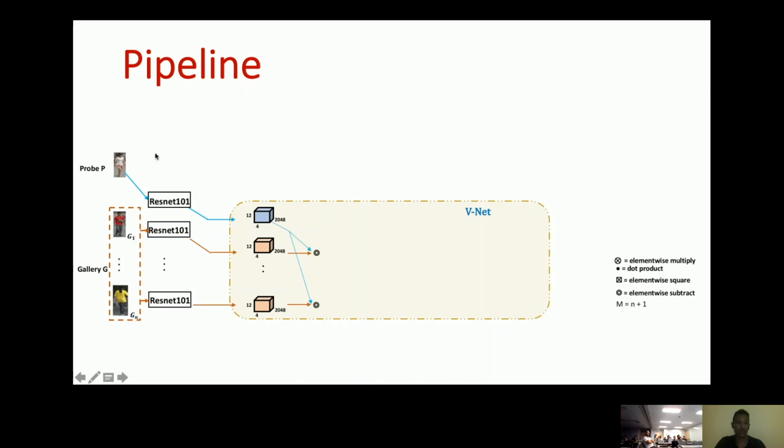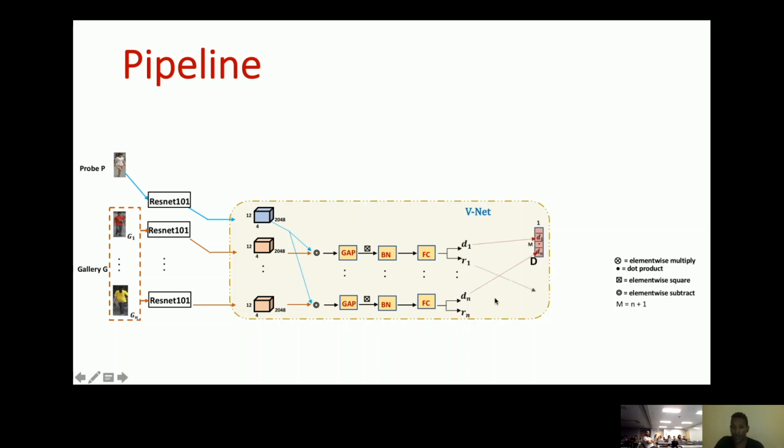the difference of the probe image and each of the gallery images by applying element-wise subtraction, which is followed by a global average pooling and element-wise square. And then we apply a batch normalization, which is followed by a fully connected layer to find the dissimilarity and similarity score between the query image and the gallery image.